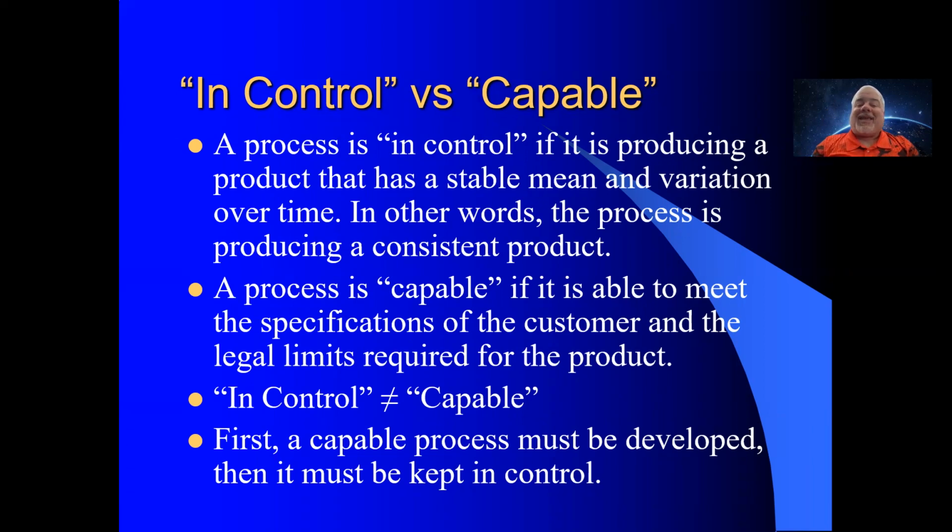A process is capable if it's able to meet the specifications of the customer and the legal limits required for the product. What if I needed a 1 pound bag of salad plus or minus 1/10 of an ounce, not a half an ounce, but 1/10 of an ounce?